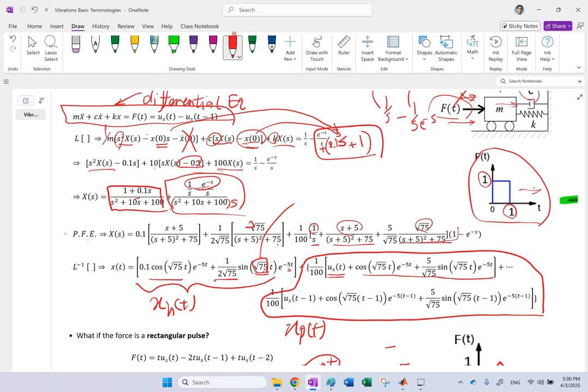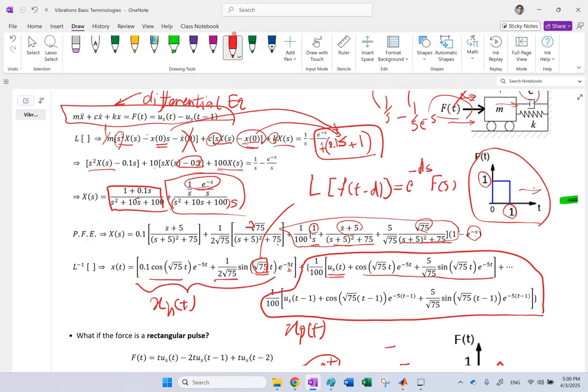And this is for this portion, and then the part that this whole thing is multiplied by e to the negative s. Based on what we know, the Laplace of f of t minus delay is e to the negative ds times F of s.